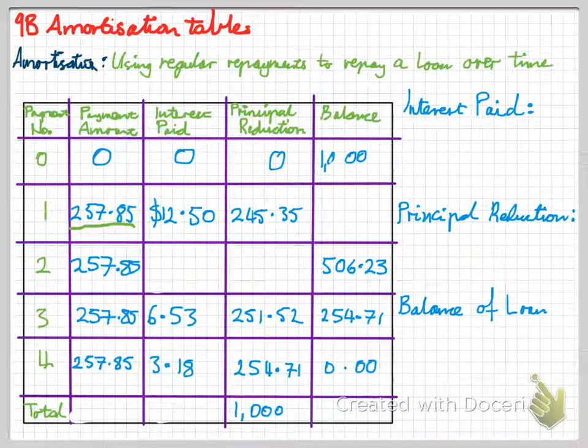Okay, so the interest paid is going to be the rate for the period, and that multiplied by the unpaid balance.